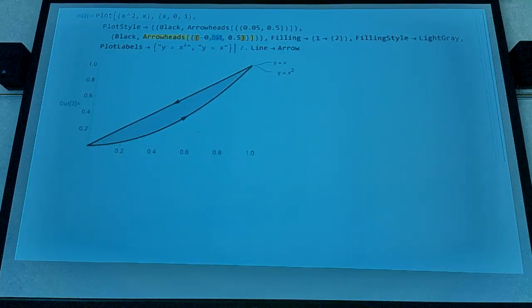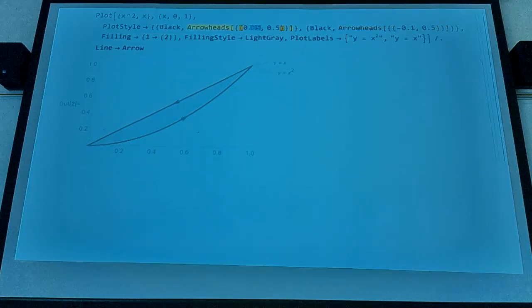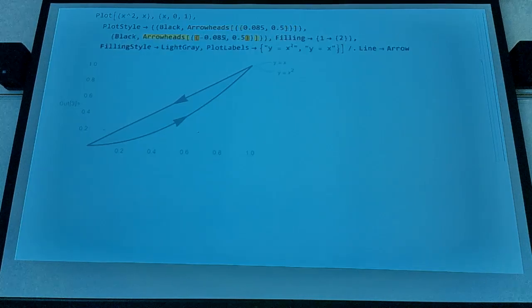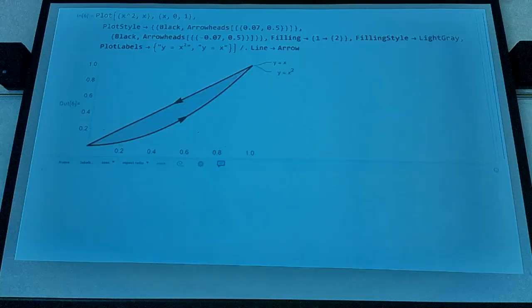This larger. Oh god, it's way too big. The beautiful thing with this is I can calculate this.